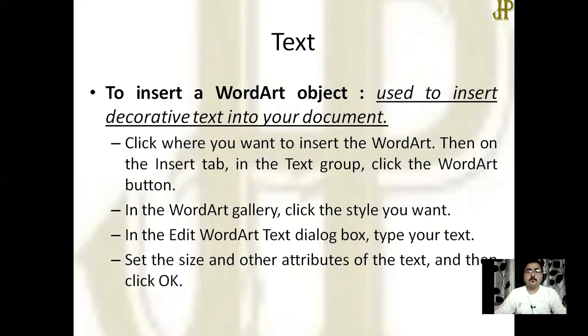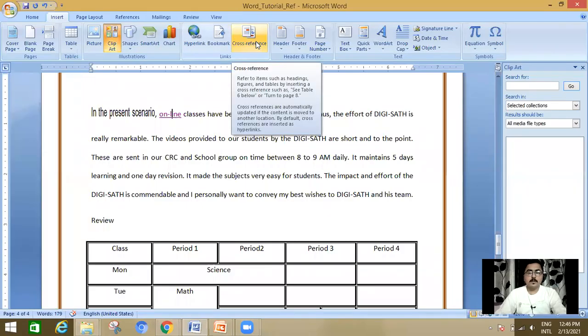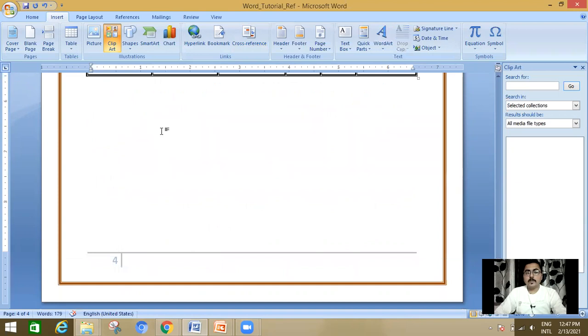How to insert a word art object. It is very simple. If you want to design your text something differently, then in the insert section, the text subsection will appear. With the help of word art, click over there where you want to insert a word art.